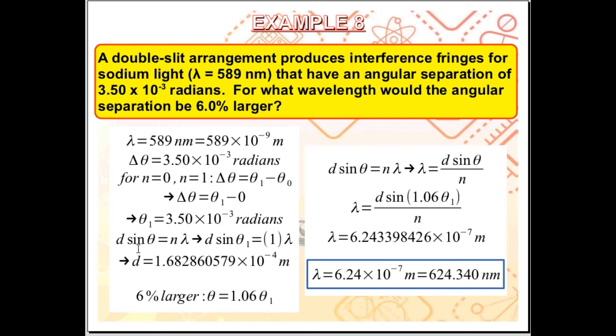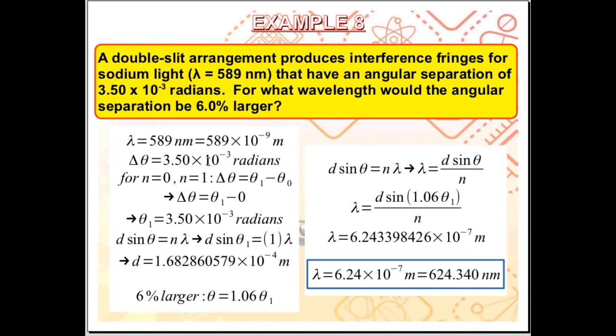If we now use the d sine theta equal to m lambda equation for the double slit, set theta to theta 1. That means m is equal to 1.